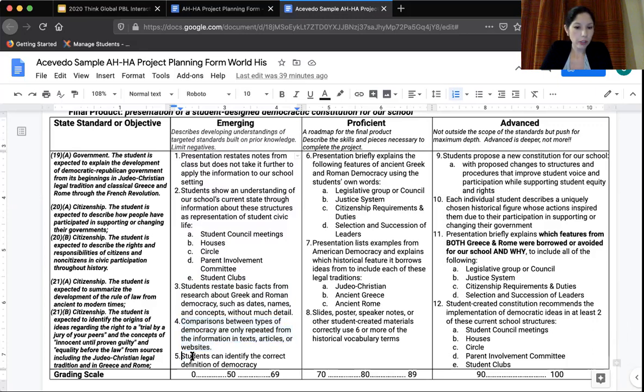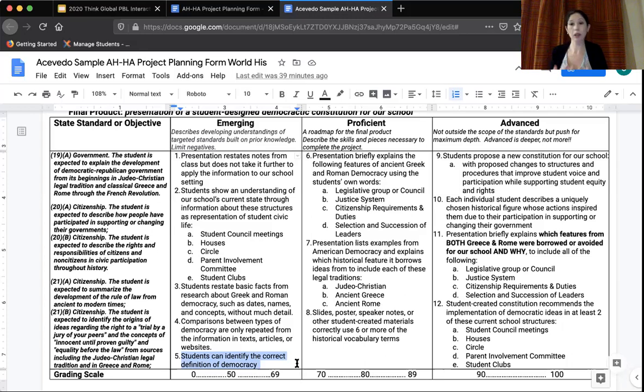And then the last one here, students can identify the correct definition of democracy. So it's a positive one. That's not a negative descriptor, but students should come to me at the beginning of the school year by 10th grade, which is typically, I have 10th graders that take this class. Sometimes I'll have some 11th graders, sometimes a 9th grader. But by the beginning of high school, typically students bring that knowledge with them.